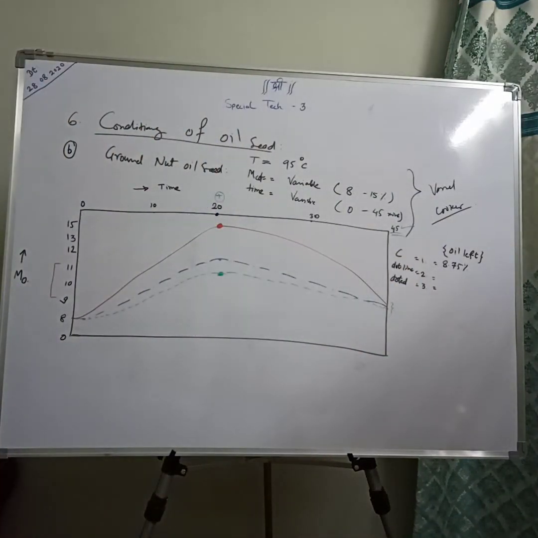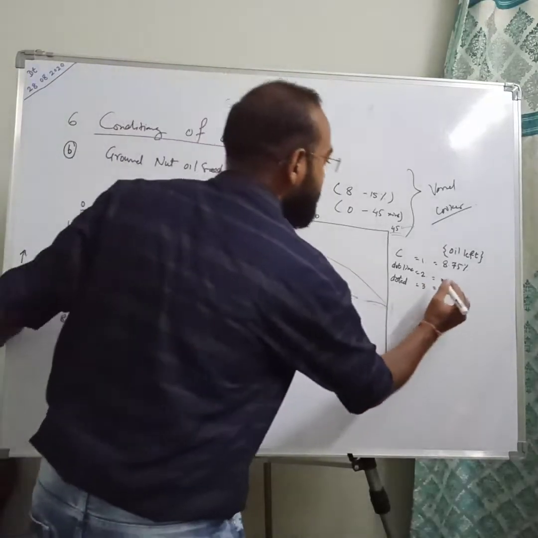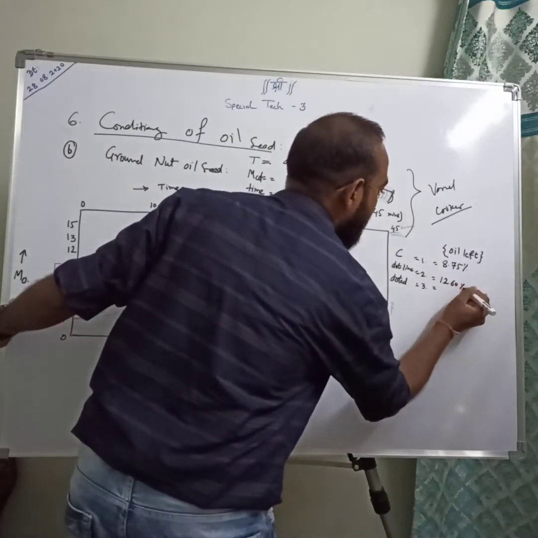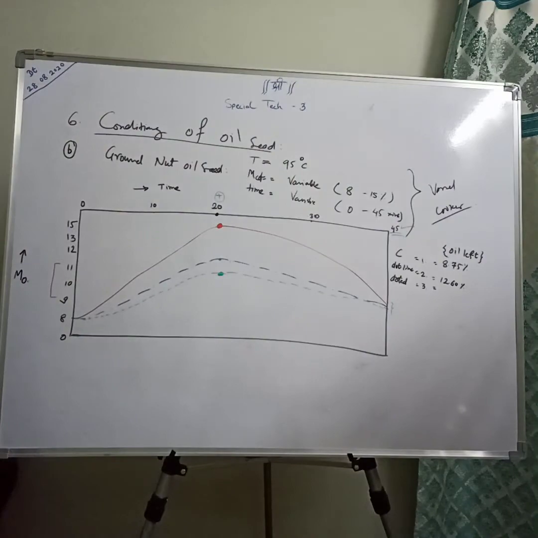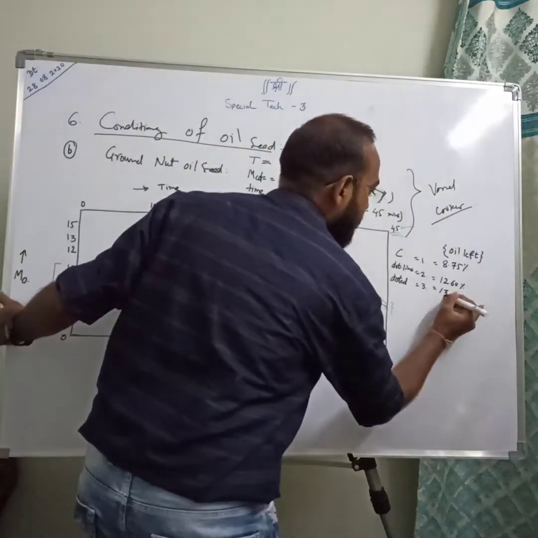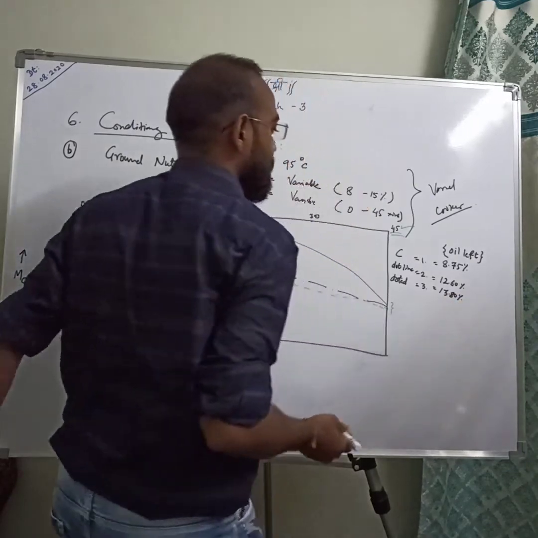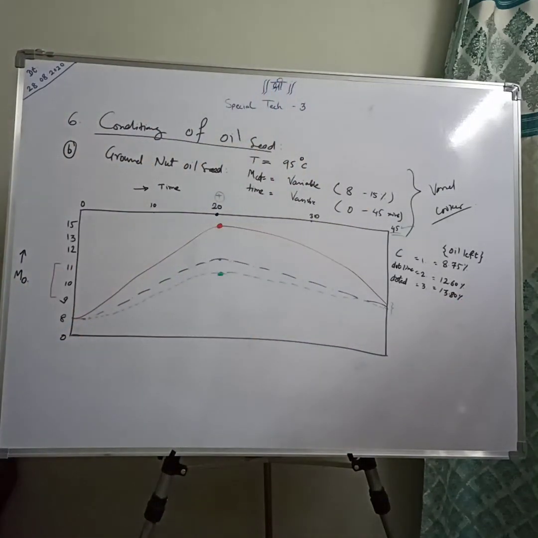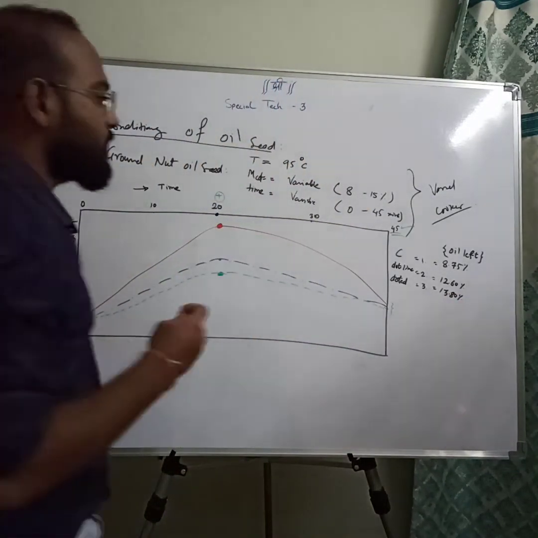From the second line, oil left is 12.60%, and from the third line, oil left is around 13.80%. So which is most efficient and most economical for us?